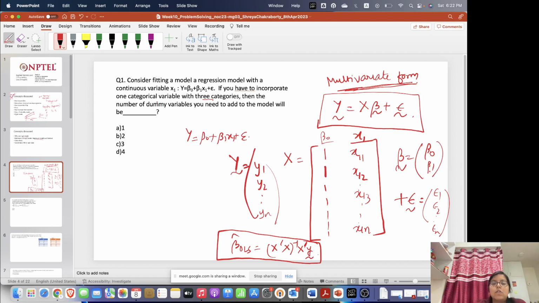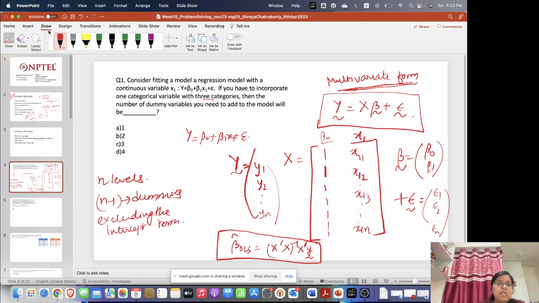So the general idea is, if we have a categorical variable with n levels, then we should have n minus 1 dummies, excluding the intercept term.